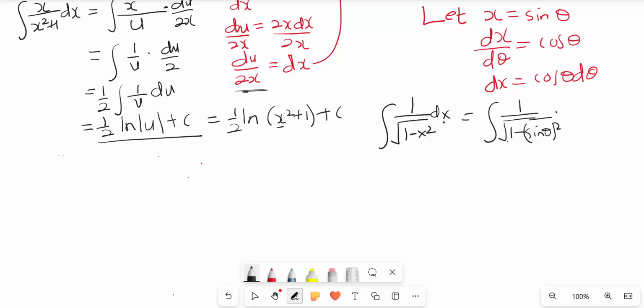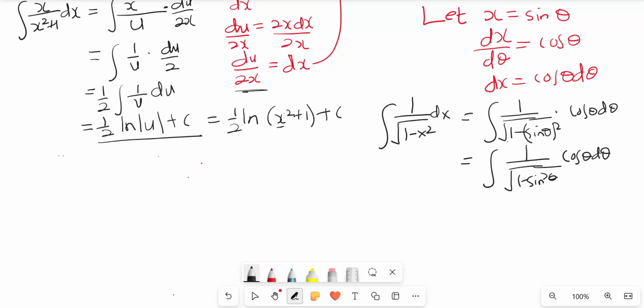Dx is cosine theta d theta. So this becomes integral of 1 all over the square root of 1 minus sine squared theta, all this in the square root, times cosine theta d theta.